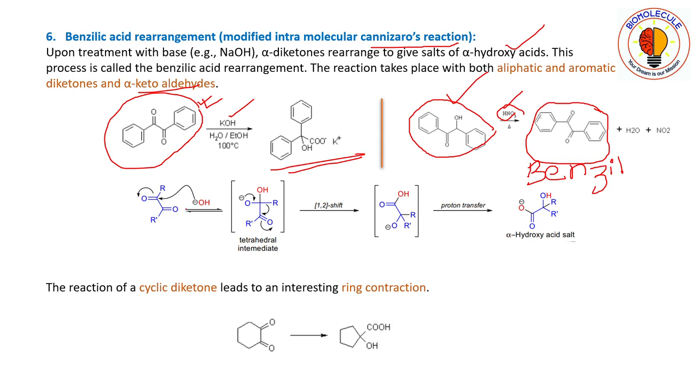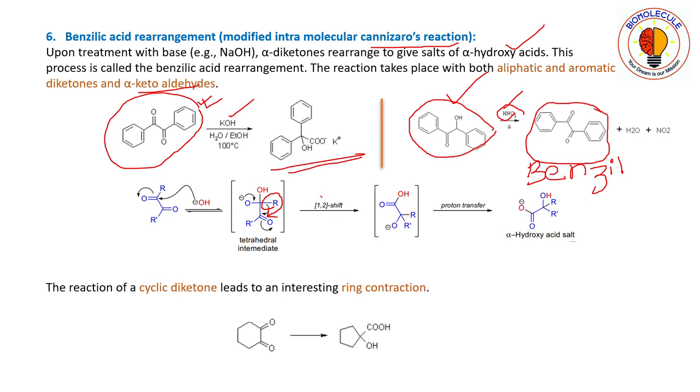So how is the reaction taking place? So this is your benzil compound. This base will go and attack the electrophilic carbon. You will get this O minus. Now this O minus will push back and there will be a shift of this alkyl group over to the adjacent carbonyl carbon.